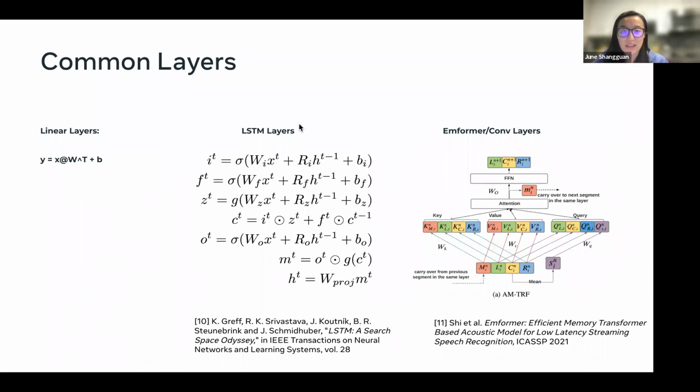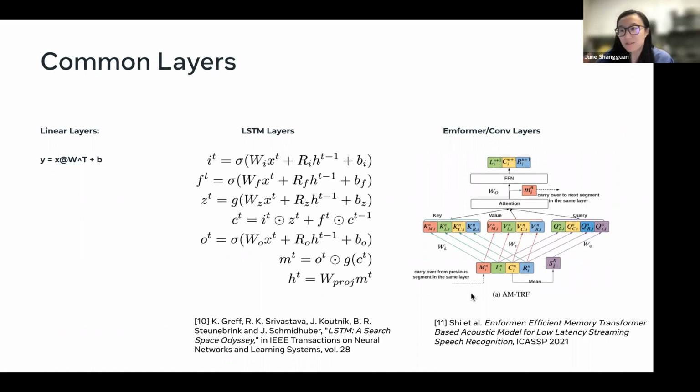We first tried LSTM-based layers. If you're familiar with the equations: the input gate, forget gate, input block, and then an LSTM hidden layer. We also transitioned into the augmented memory transformer.